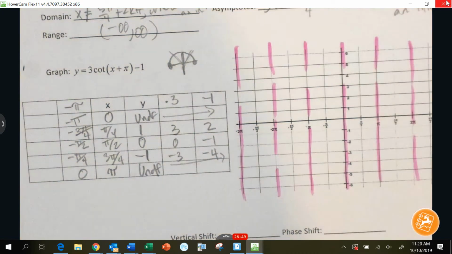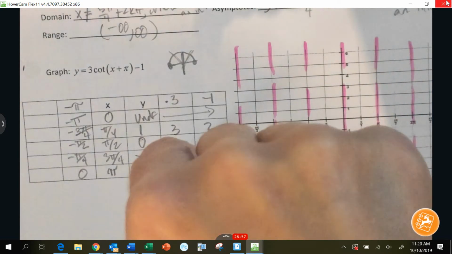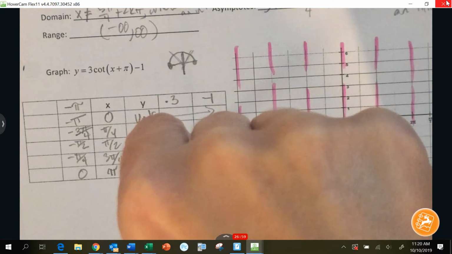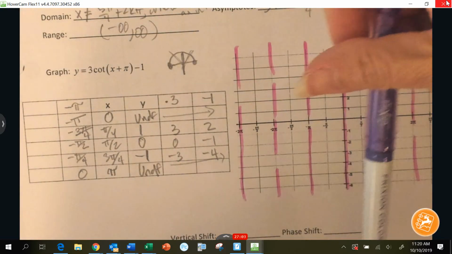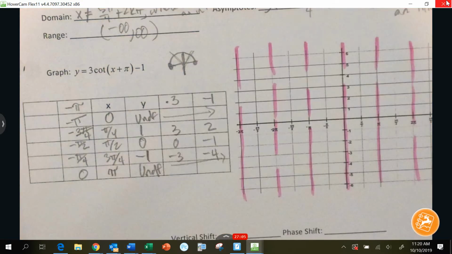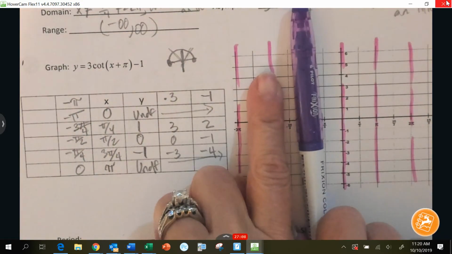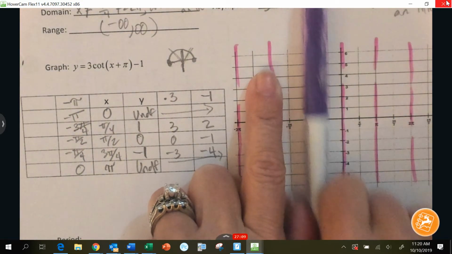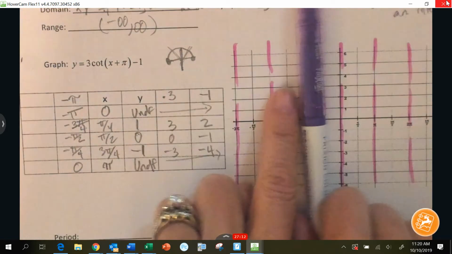Why does this one look so skinny? Does this one have a vertical stretch? Oh, so vertical stretch, I haven't even drawn yet, but the vertical stretch would affect up and down. That doesn't affect how wide these lines are.